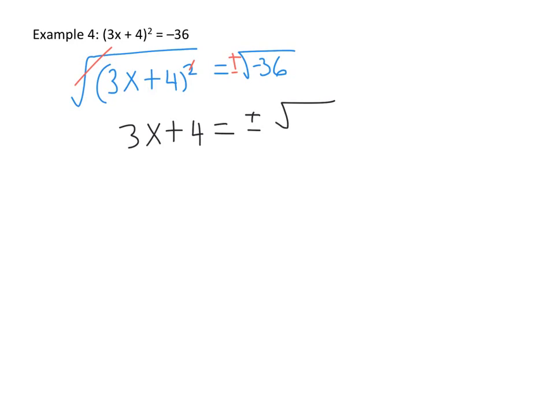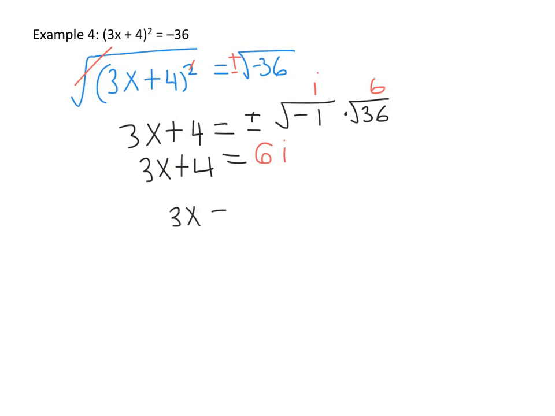I'm going to break this one. This is the same as square root of negative 1 times square root of 36. The square root of 36 is 6 and the square root of negative 1 is i. So I get 6i. So this is 3x plus 4 is equal to 6i.